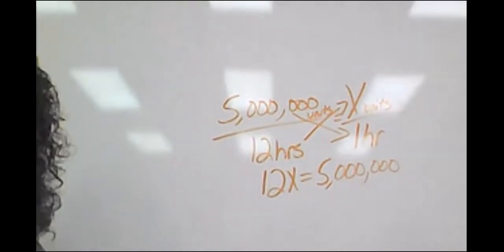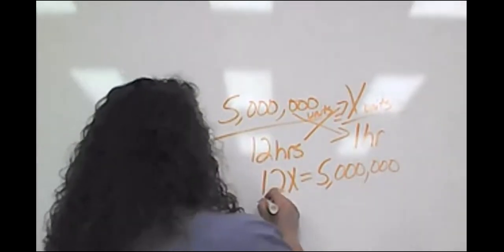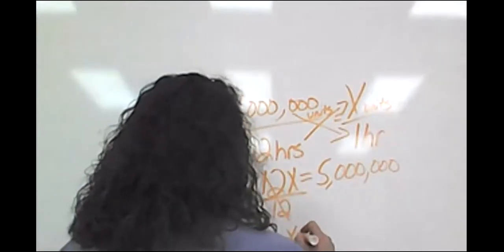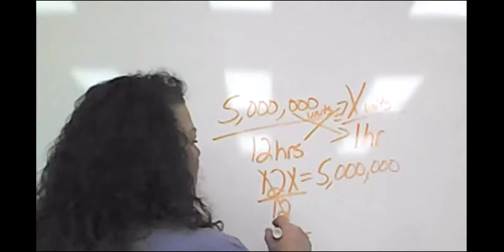The x is being multiplied by 12, so to isolate it, we're going to have to divide by 12. That leaves me with x. What I did to one side of my equal sign, I must also do to my other side.